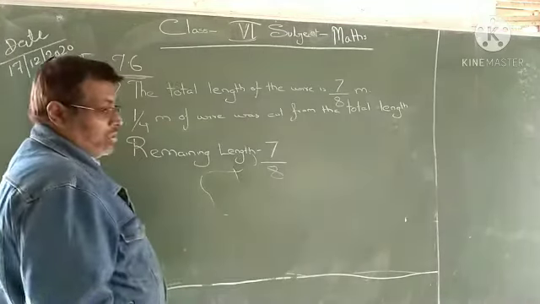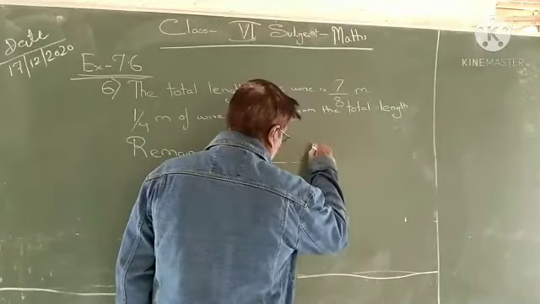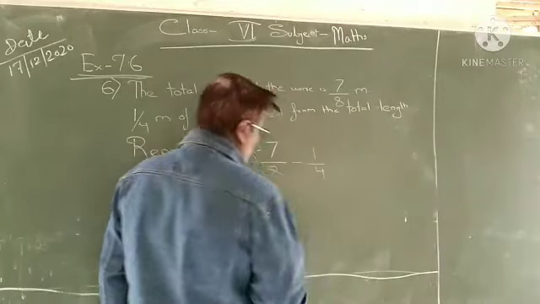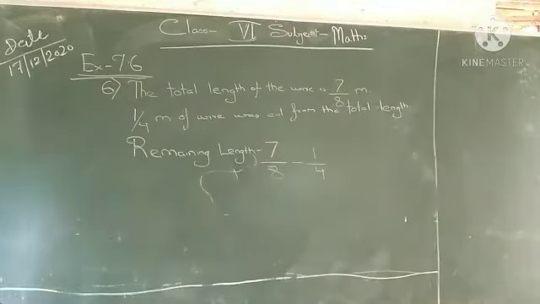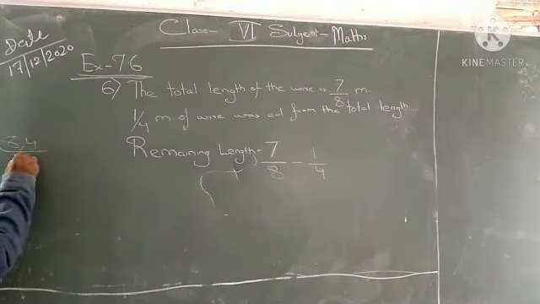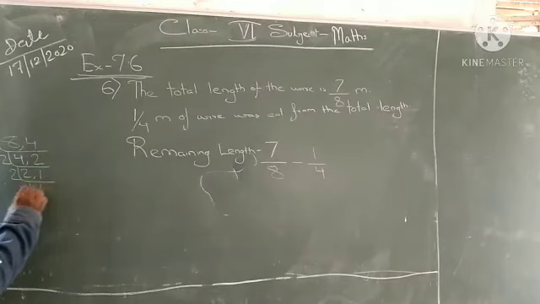So what will you do to find the remaining? Simply we will subtract. The LCM of 8 and 4 is 8. 2 into 2, 4 into 2, 8.